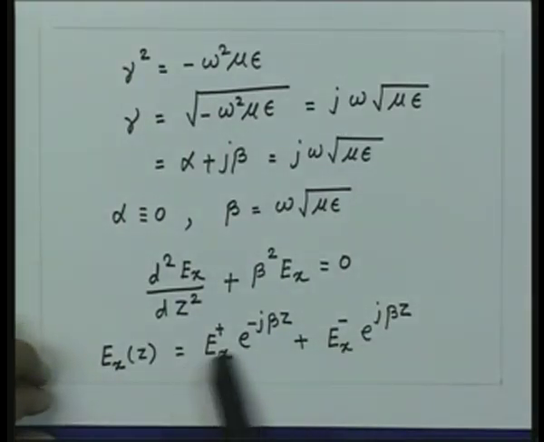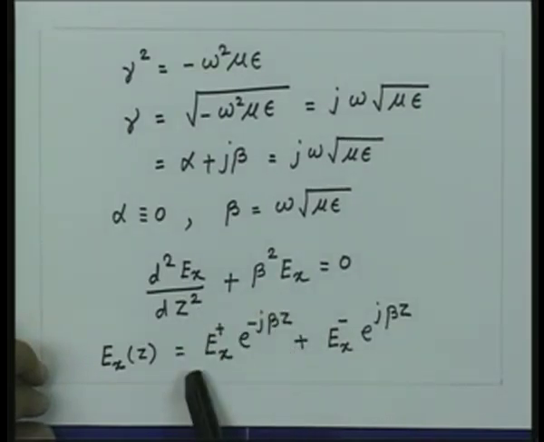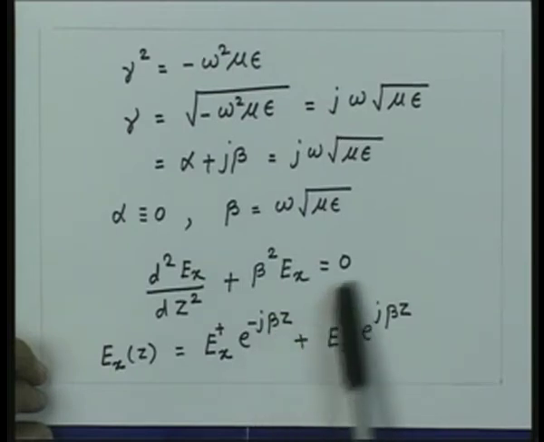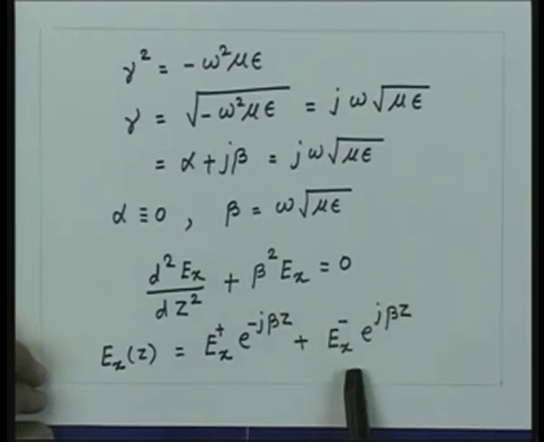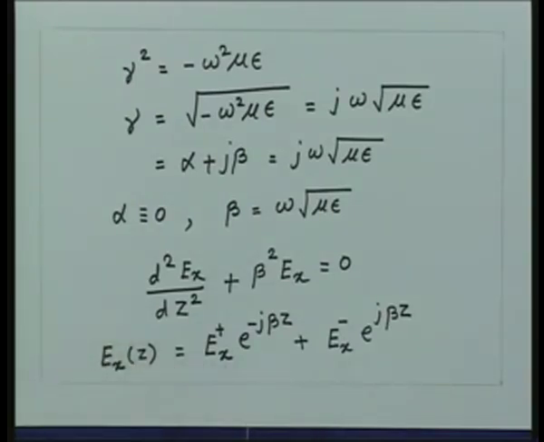We know from our earlier knowledge that the first term represents a travelling wave travelling in the positive z direction, and the second term represents a travelling wave travelling in the negative z direction. So, again we get the solution for the electric field as a combination of two travelling waves of amplitude Ex plus and Ex minus travelling in opposite directions, that is in the positive z and negative z directions.